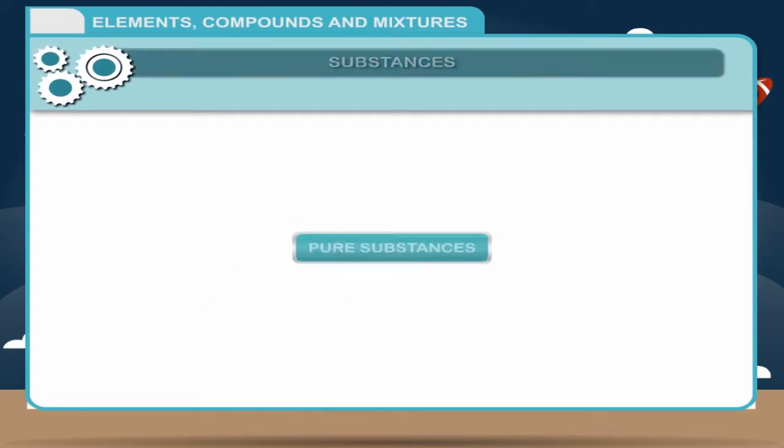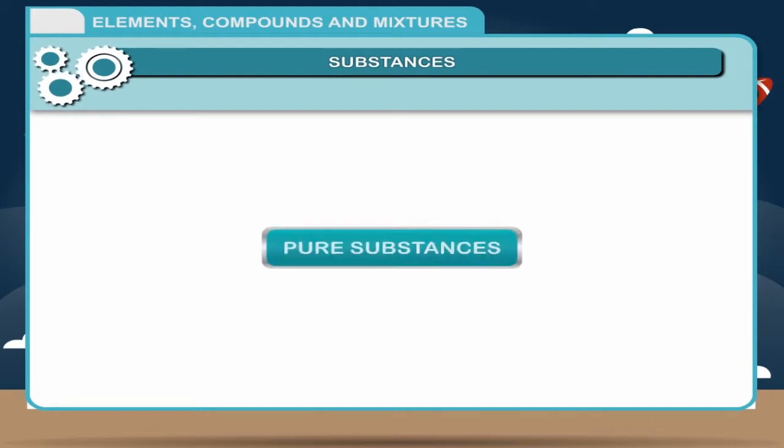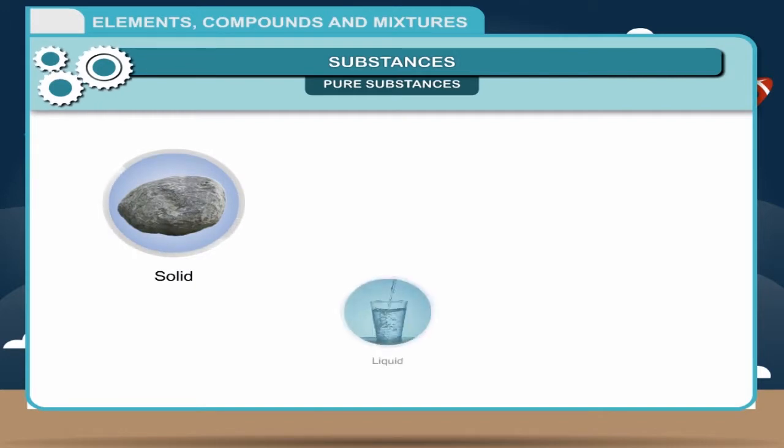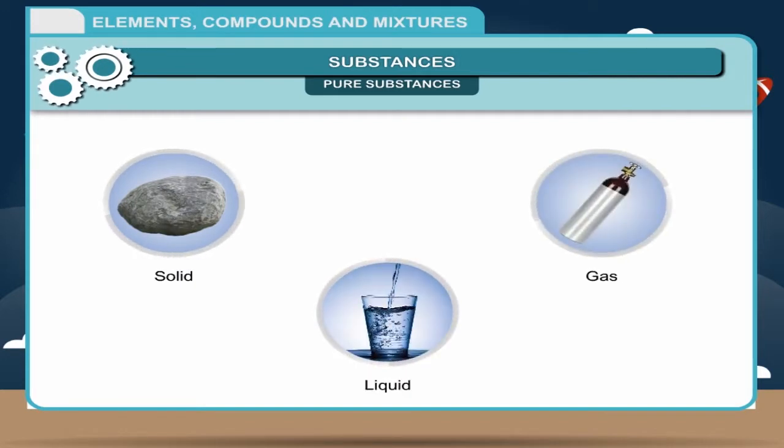Substances. Pure substances. Atoms and molecules are constituents of various substances that exist in nature. Substances can exist as solid, liquid, or gas. In this unit, we will study another way in which substances can be classified into pure and mixed substances.